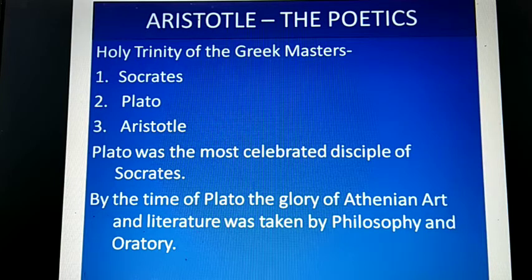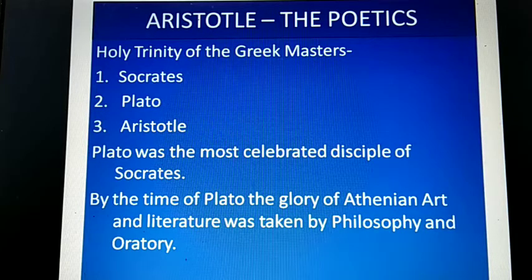And of course, it is good that we remember some of the important ideas of these three when we look at Aristotle as well as the Poetics of Aristotle.